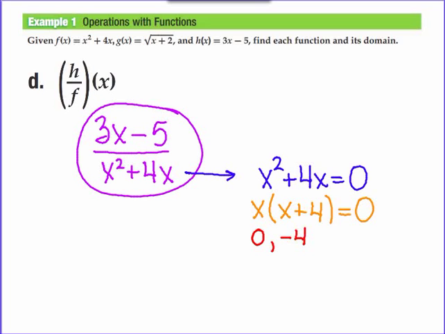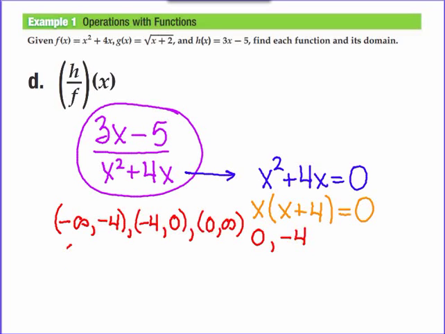Okay, so there are two ways I can write the domain. I could write it using interval notation. Interval notation would be the following. Negative infinity to where? Negative 4. Then negative 4 to where? 0. And then 0 to infinity. That's one way.